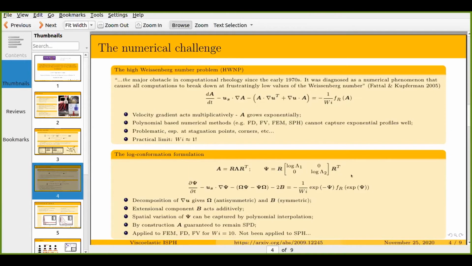So it's much more amenable to numerical discretization to solve the equations in this form. It has the added benefit that it ensures that the conformation tensor remains symmetric positive definite, which means that we can ensure that the numerical results we get correspond to physically meaningful molecular deformations. So this has been applied to most other numerical methods, but so far it's not been applied to SPH. So that's where we come in.